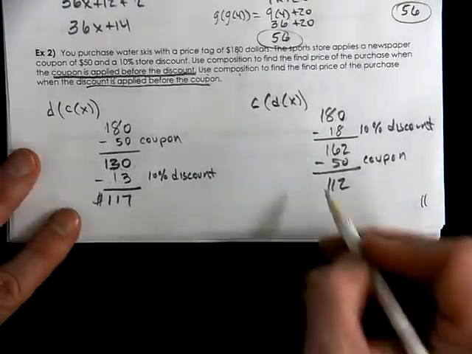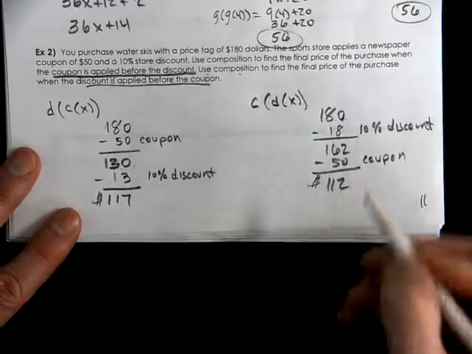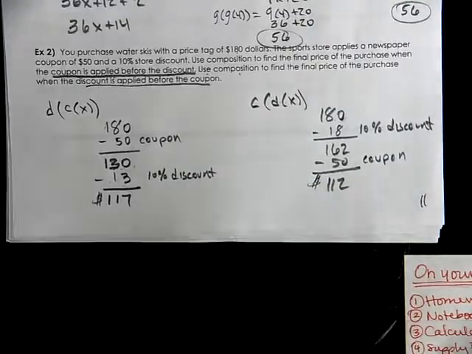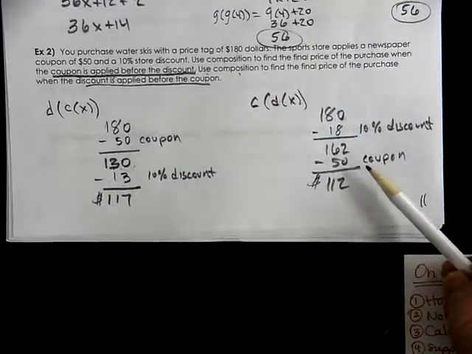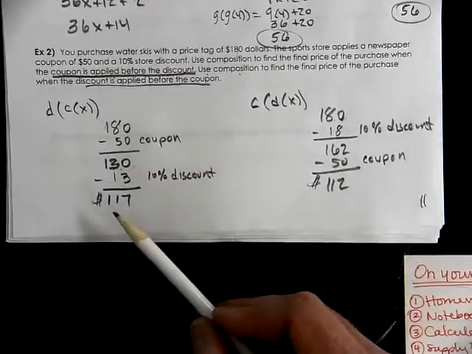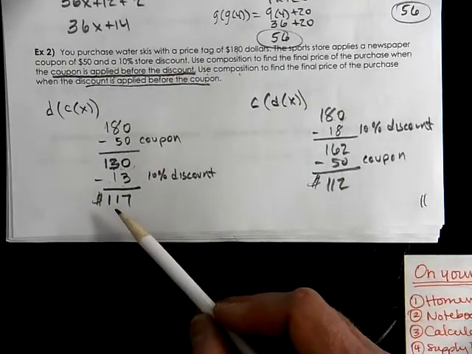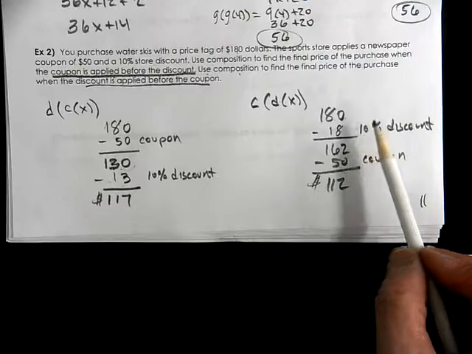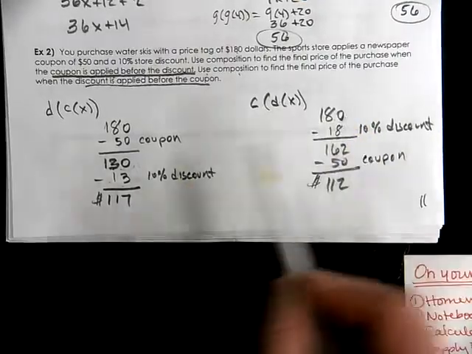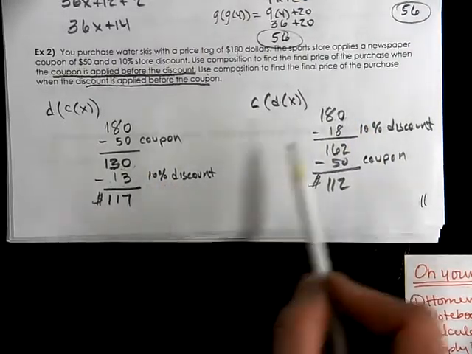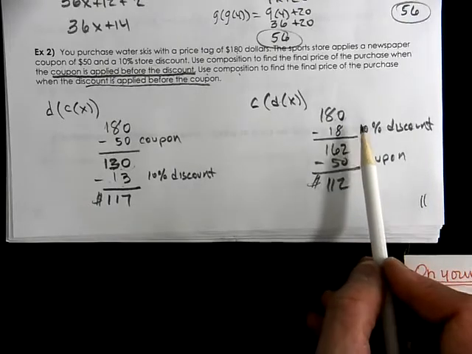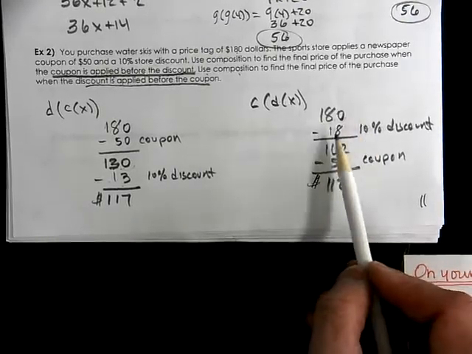So you see that order matters. Can you give an explanation on why it was cheaper in this case than it was over here? We took 10% of a larger number. You always want to take the percentage off of a larger number. 10% of a bigger number is more money off.